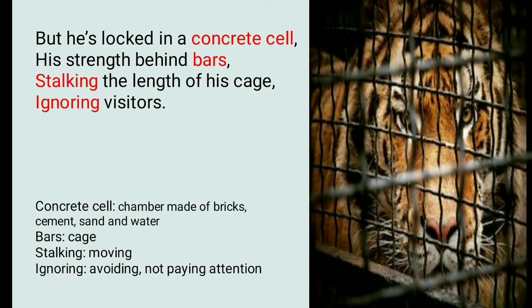And there he is only stalking the length of the cage. He is only moving inside the length of the cage. He cannot walk freely there. So that's why he has started feeling upset, and he has started ignoring visitors who come to the zoo and watch him there.